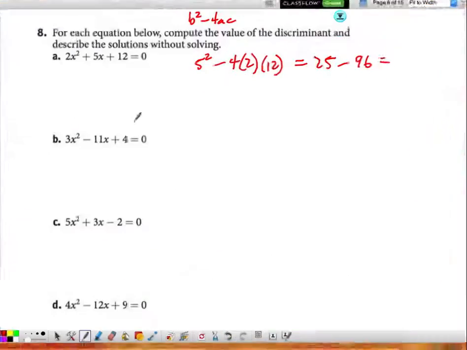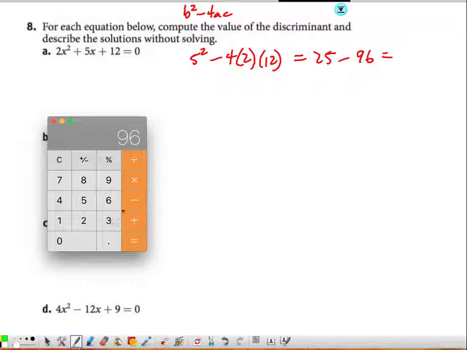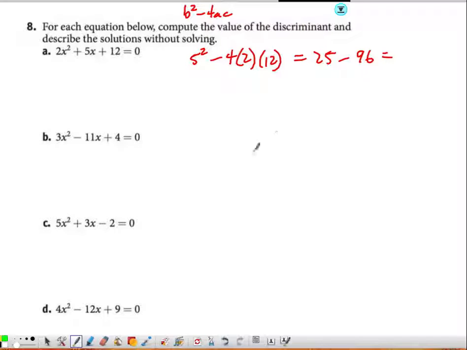And I can already tell that this is going to be a negative number. It's going to be negative 71. Here's my discriminant. Is negative 71 greater than 0, equal to 0, or less than 0? It's going to be less than 0.